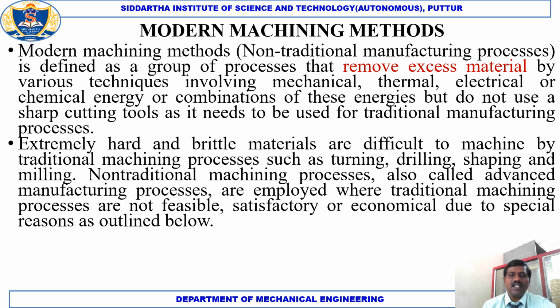The non-traditional machining processes, also called advanced manufacturing process, are employed where the traditional machining processes are not feasible, satisfactory or economical due to special reasons outlined here. So wherever these traditional machining processes are not feasible or not satisfactory or unable to reach the economical conditions, then we can choose these non-traditional machining processes or modern machining methods to remove the material from the workpiece.